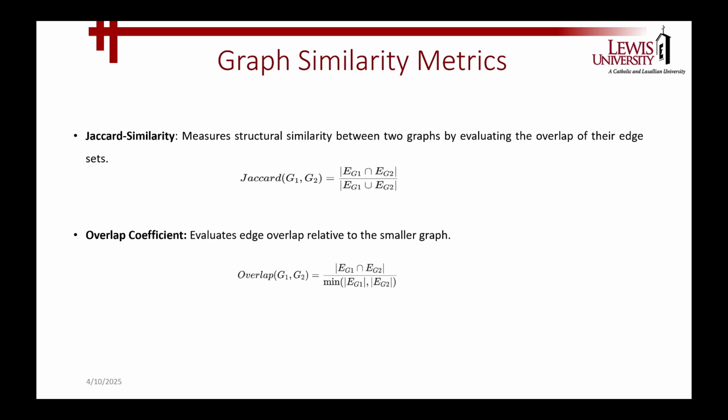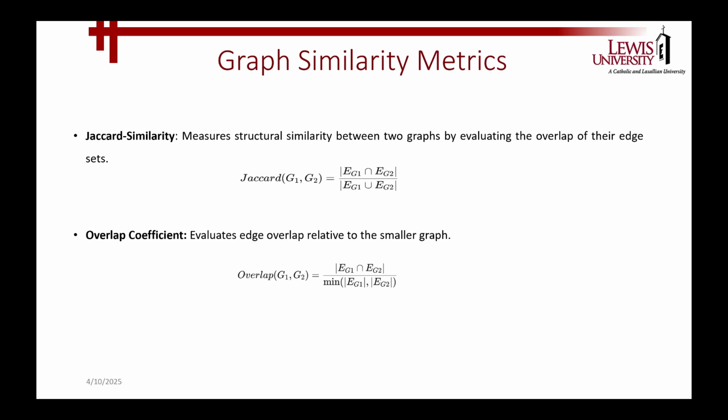Meanwhile, the overlap coefficient focuses on shared edges relative to the smaller of the two graphs, thus emphasizing cases where one graph is substantially smaller or a subset of the other. Both metrics provide valuable insights into structural similarity at the granular edge level, helping us clearly identify redundancy and workflow similarities between different test scenarios.